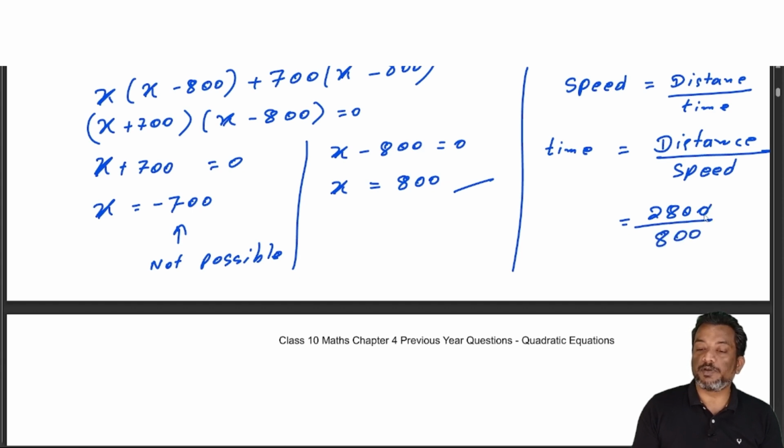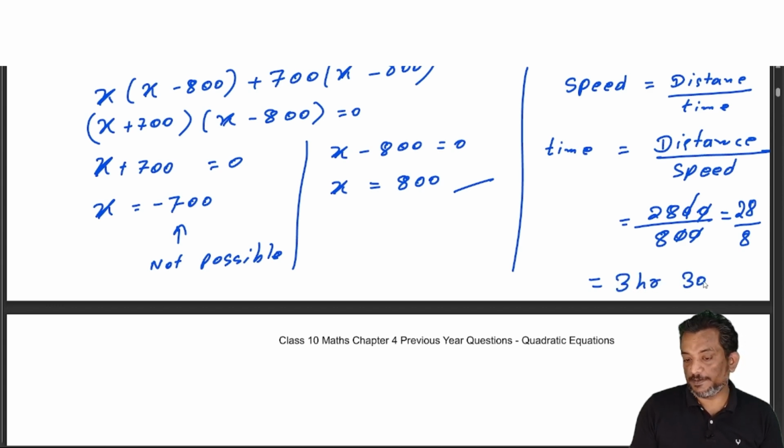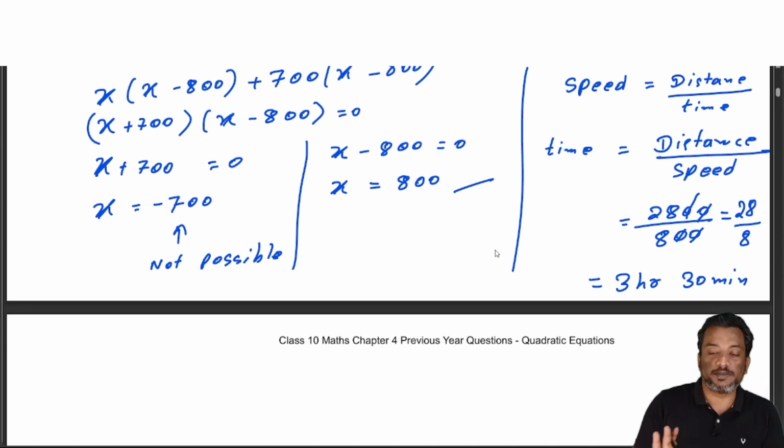Okay, so you can solve this, and you will get 28 over 8. So now which means you will get 3 hours 30 minutes when you will convert. So which means the time taken to cover the distance of 2800 kilometers is 3 hours 30 minutes. Hope you understand this one.